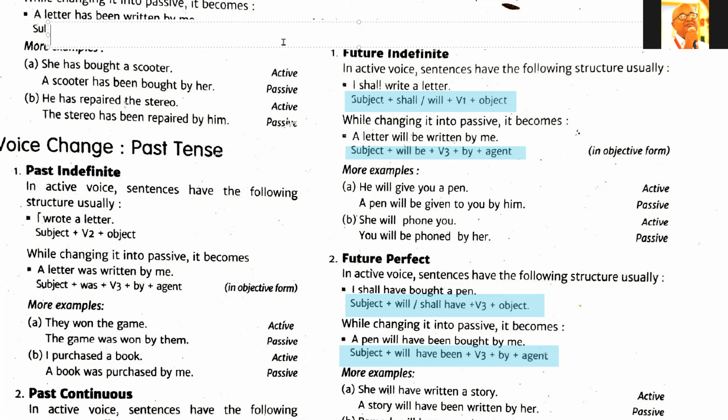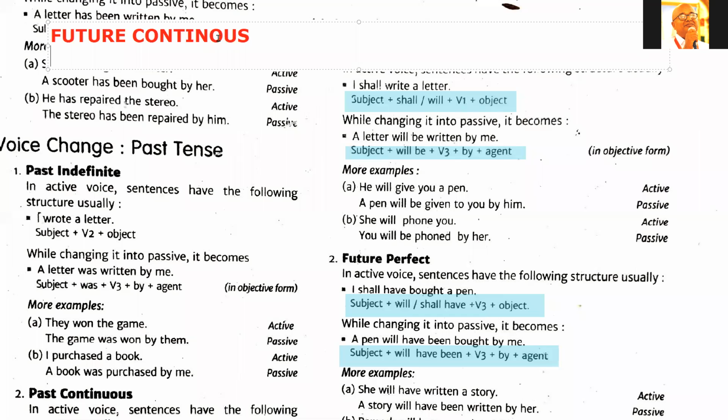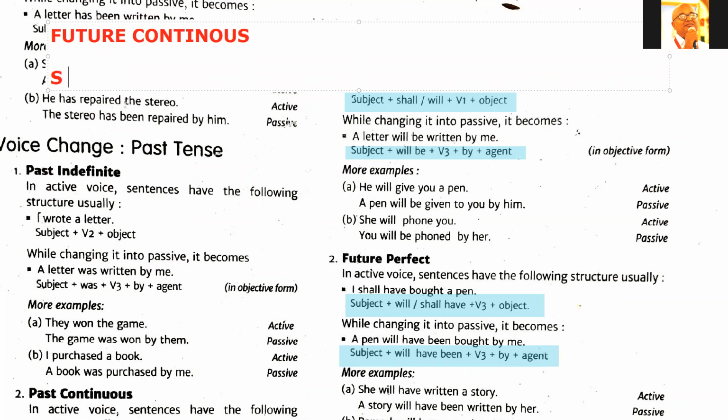So let us learn how to make future continuous passives. Future continuous or future progressive, structure would be like subject plus shall or will plus be plus verb ing plus object.